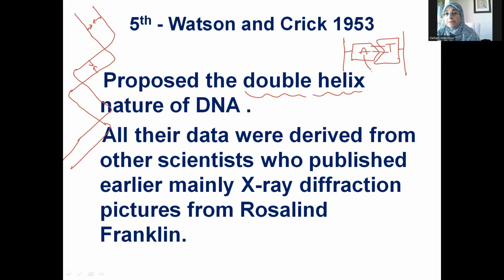Actually, adenine is a nitrogenous base that belongs to the purine group of nitrogenous bases, and thymine is a nitrogenous base that belongs to the pyrimidine group of nitrogenous bases.